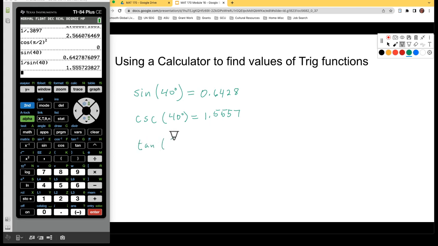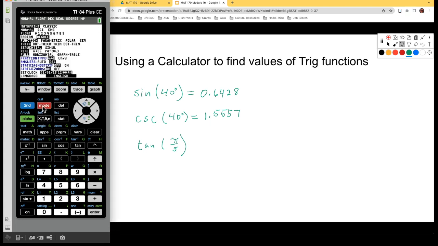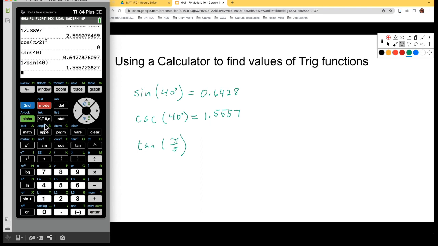If we want to switch over, maybe we want the tangent of pi over 5. Well, there's no degree marker here, so this is definitely in radians. We're going to want to switch back to radian mode. Go down, select radian, second, quit, back here, and now I can do the tangent.